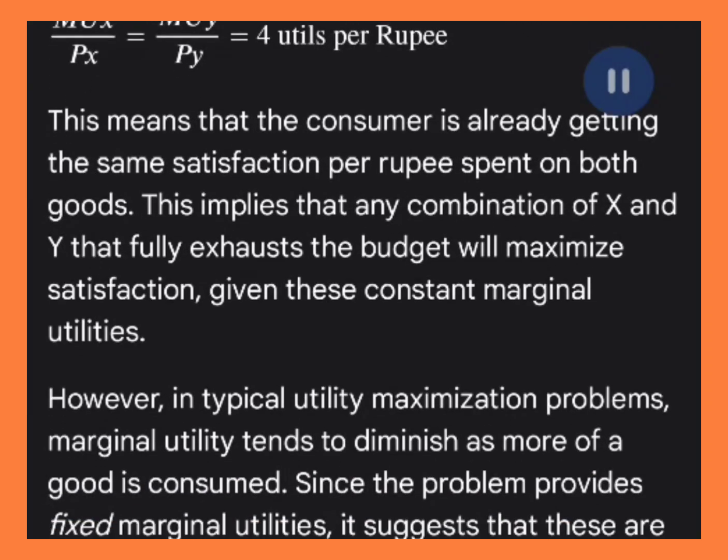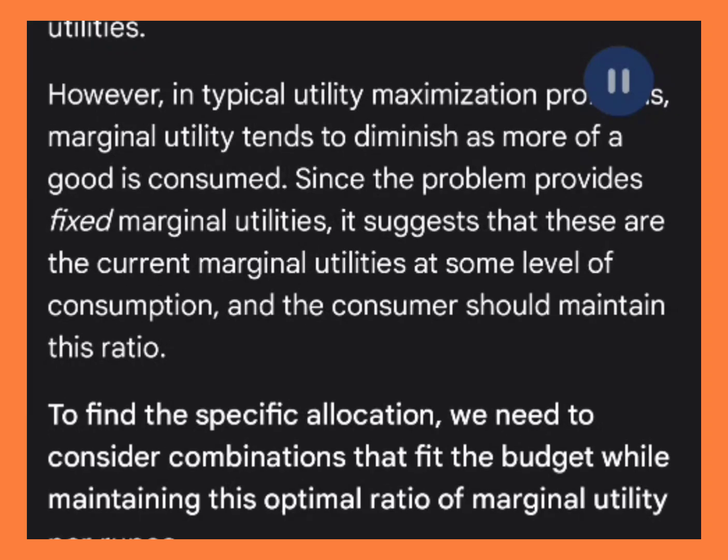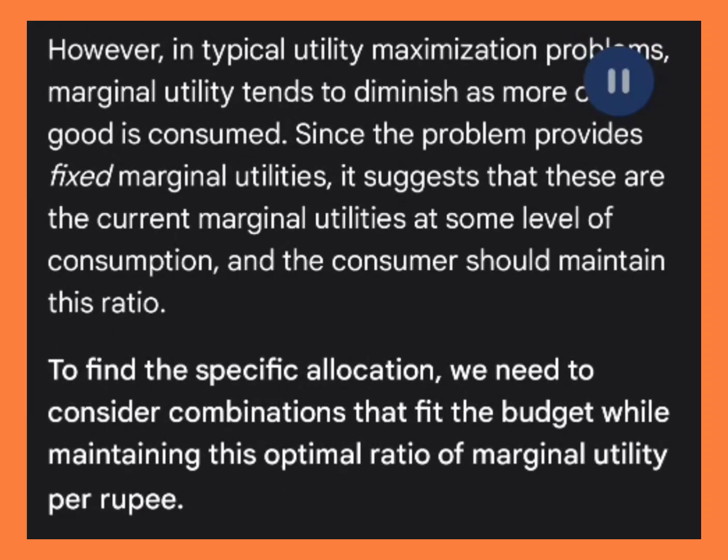However, in typical utility maximization problems, marginal utility tends to diminish as more of a good is consumed. Since the problem provides fixed marginal utilities, it suggests that these are the current marginal utilities at some level of consumption, and the consumer should maintain this ratio.